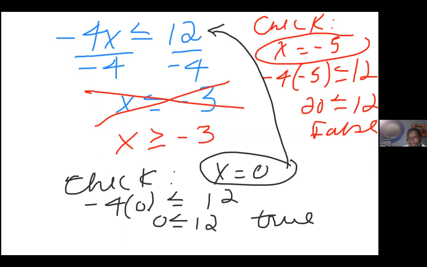Therefore, every single value greater than or equal to -3 will also make the original problem true. So without reversing that inequality symbol, guys, you got the wrong answer. However, once you reverse it, you got the right set of values that will make this problem true. So this is the reason why we need to reverse the inequality symbol.